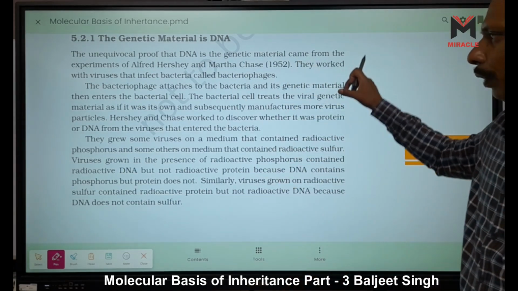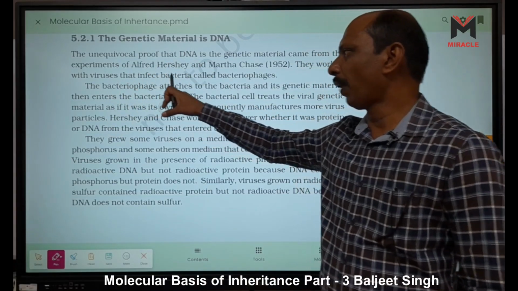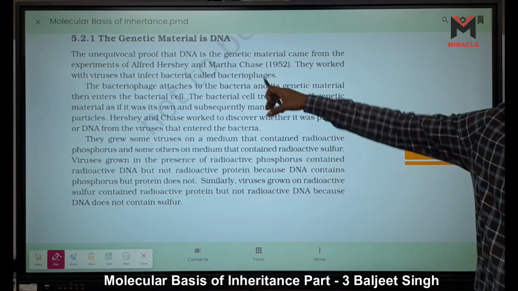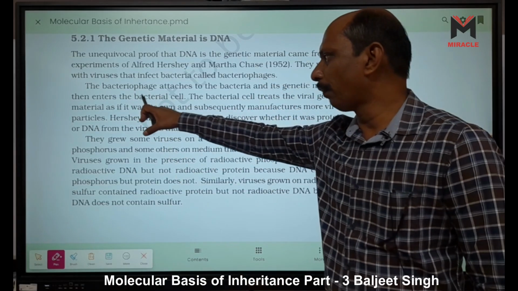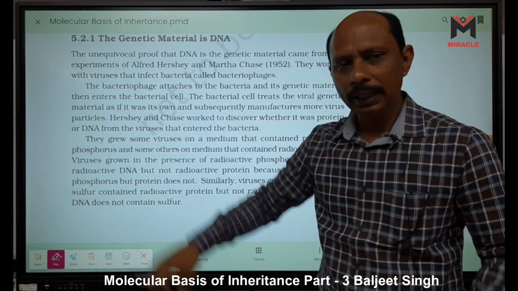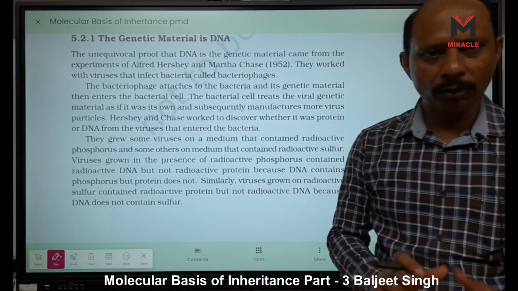They worked with viruses that infect bacteria, called bacteriophage viruses. The bacteriophage virus attaches to the bacteria and its genetic material then enters into the bacterial cell. This is a common process we know already.